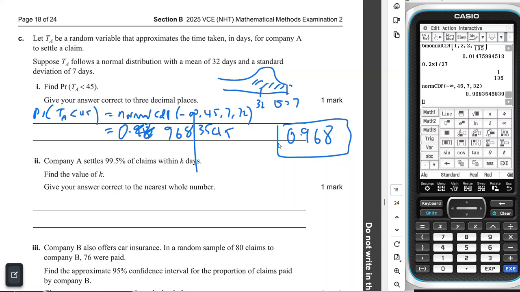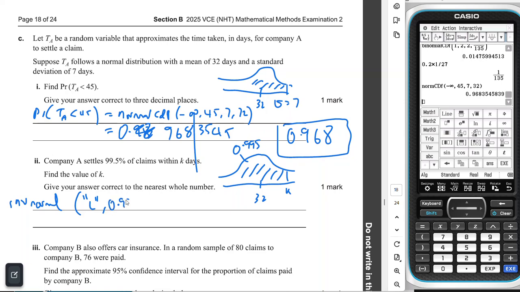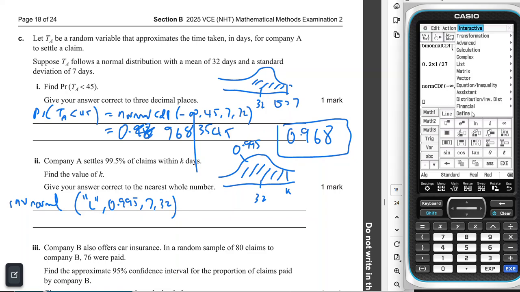The company settles 99.5% of claims within K days, where the mean is 32. I'm looking for K, where that probability is 0.995. So I'm going to do an inverse normal, where the left probability is 0.995, standard deviation 7 and mean 32.